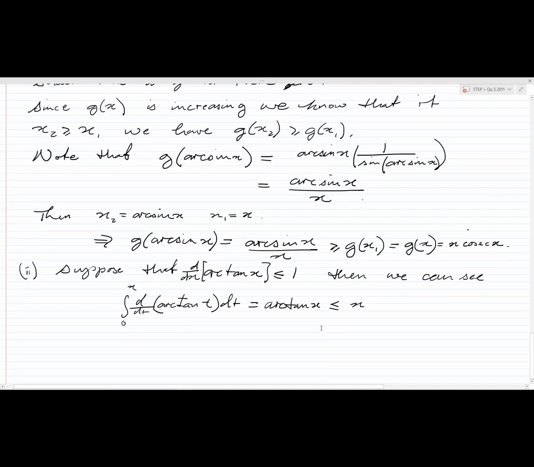So now that we've got this, we've got arctan x is less than or equal to x.